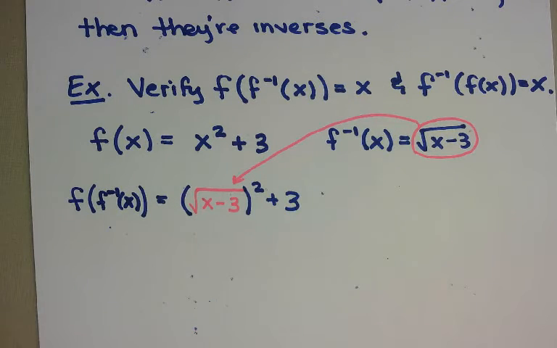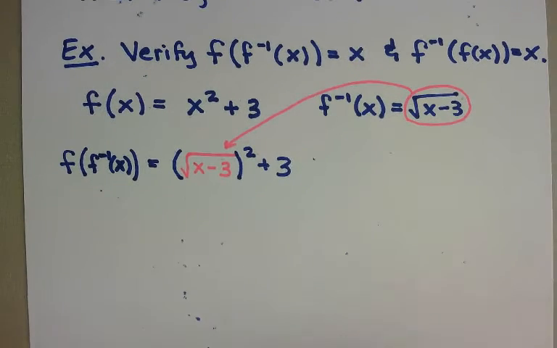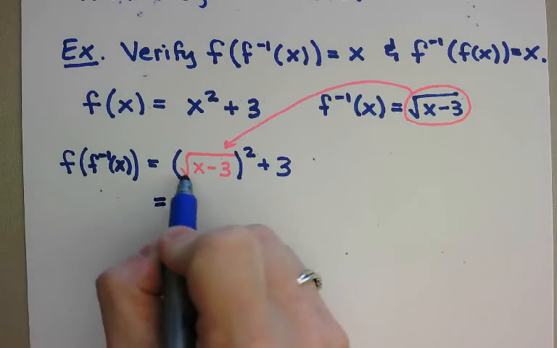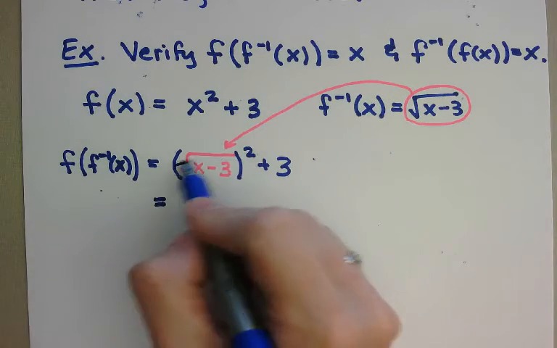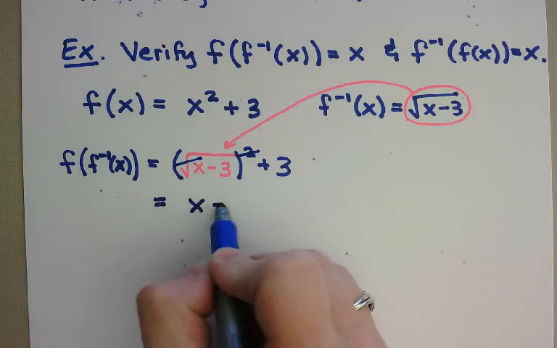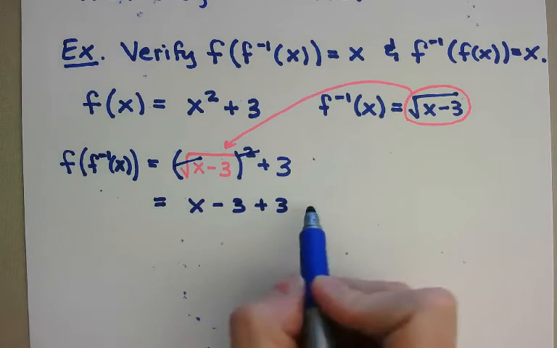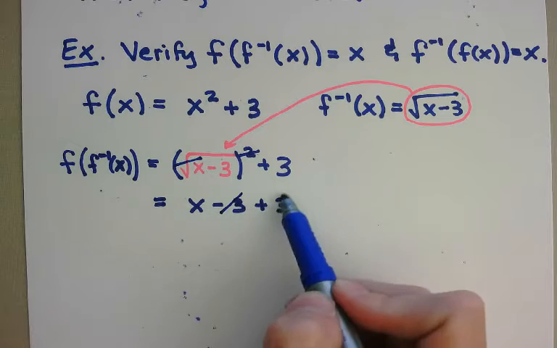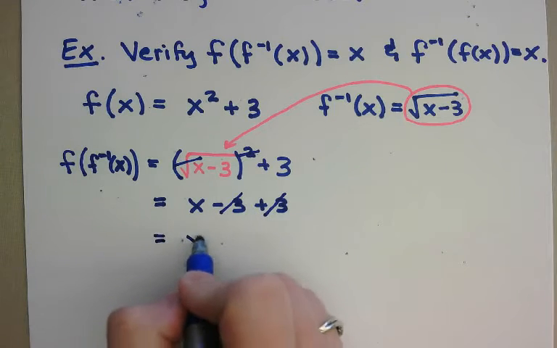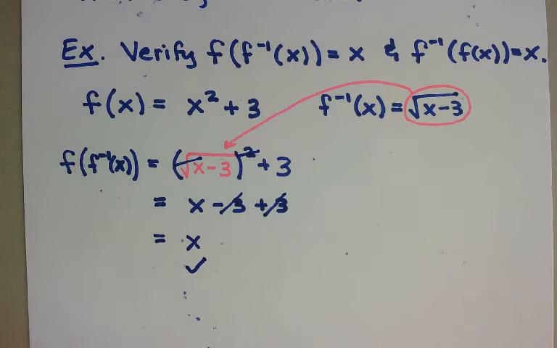Okay, so now I'm going to simplify. A square root and a square cancel each other out, so that leaves me with x minus 3 plus 3. What else would simplify? Well, next, the opposites would cancel, and I have verified that f of f inverse equals x.